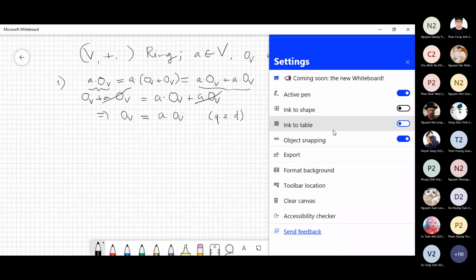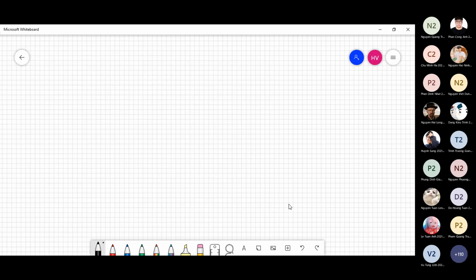The question is: do you believe that there exists a number i such that i squared is equal to minus 1? Is there anyone who believes this, or anyone who doesn't believe that? Tell me.